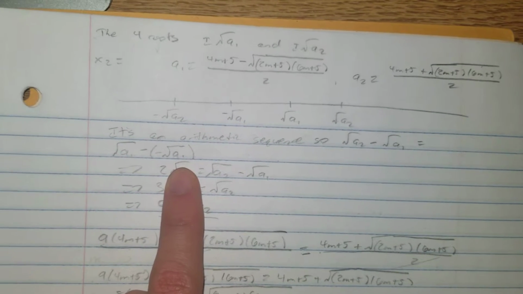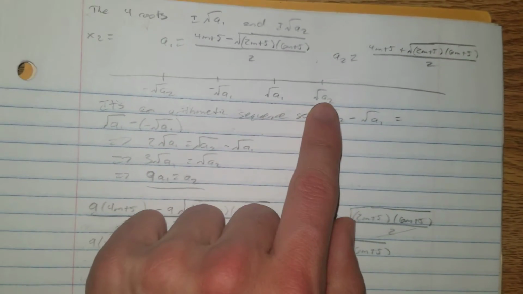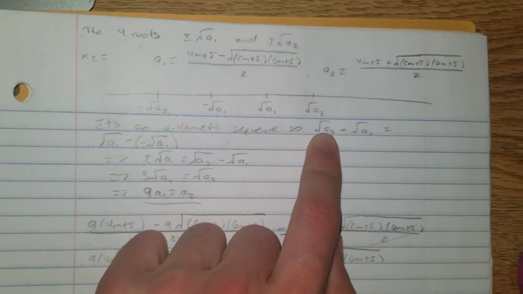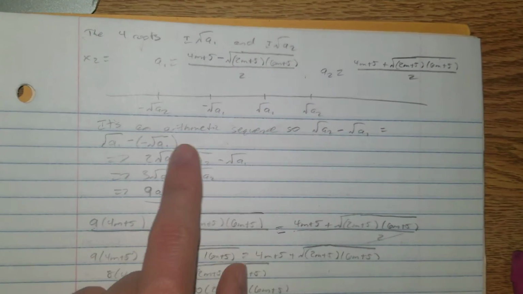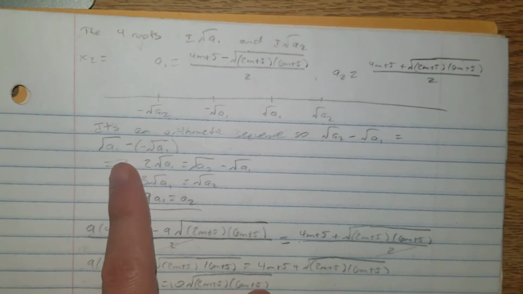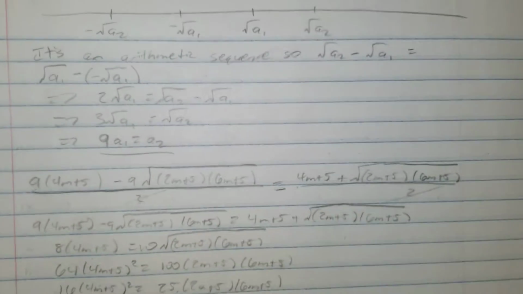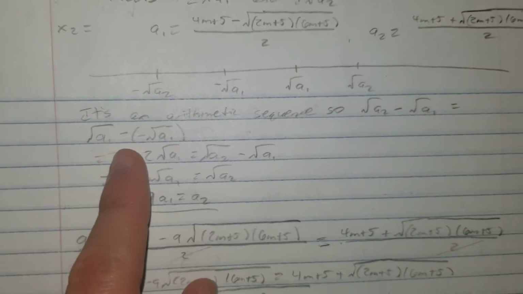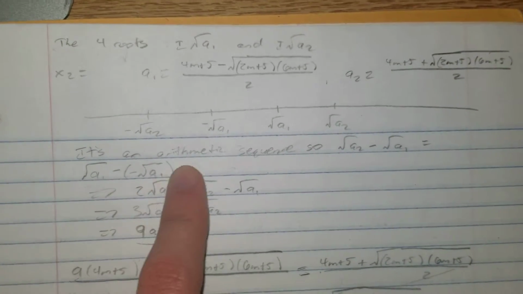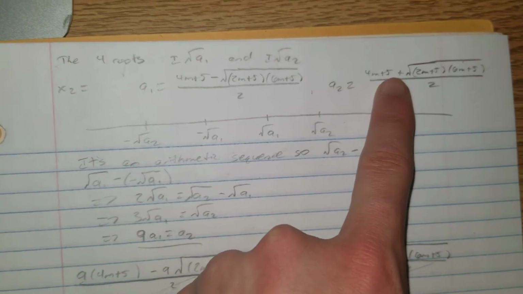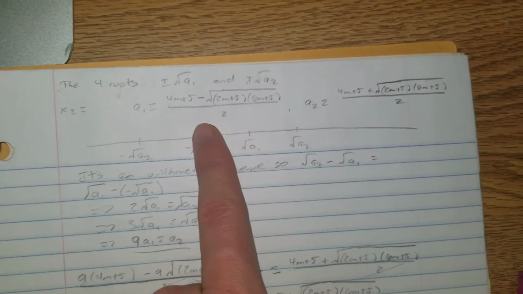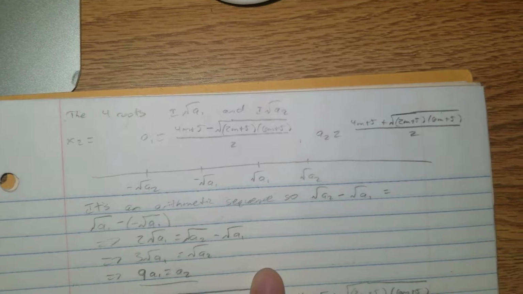So the difference between the square root of a2 and the square root of a1 is going to be the same as the square root of a1 minus negative square root of a1, sorry, because notice how this is just the same as this except for the negative, right?